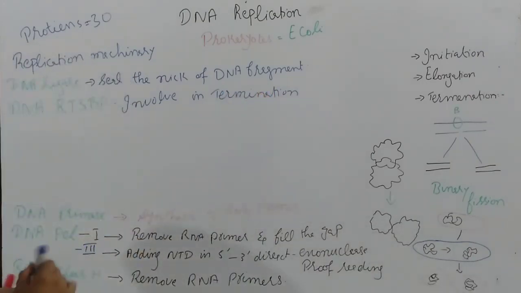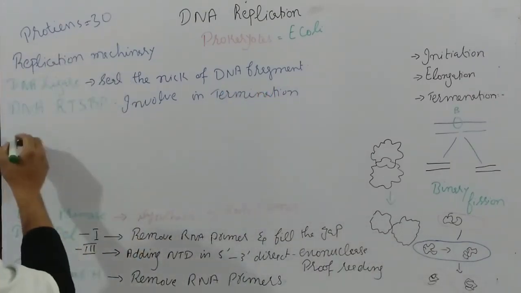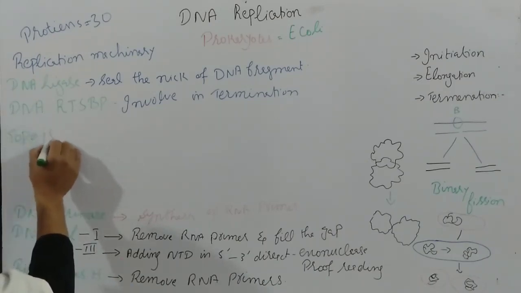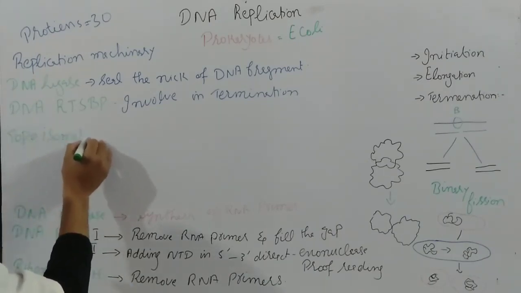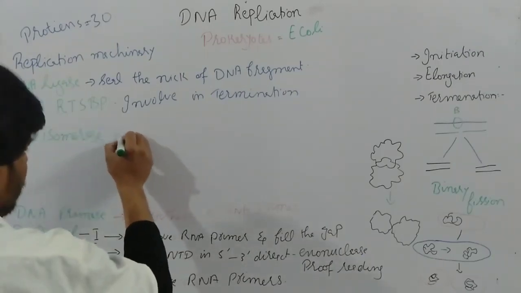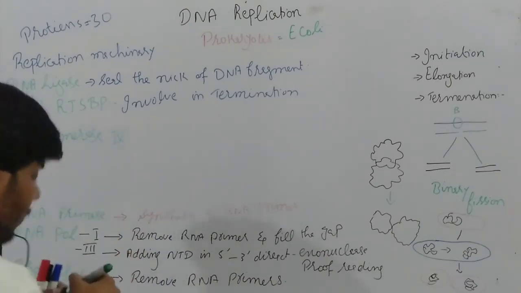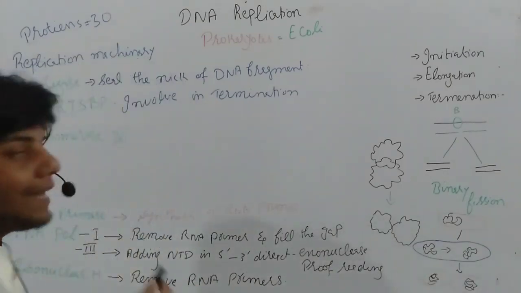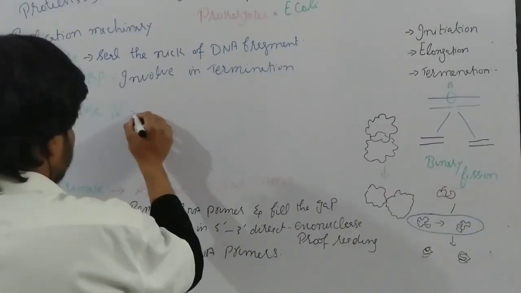Last, we have another protein, which we call topoisomerase enzyme 4. Now what is the job of topoisomerase enzyme 4? It can segregate the chromosomes.